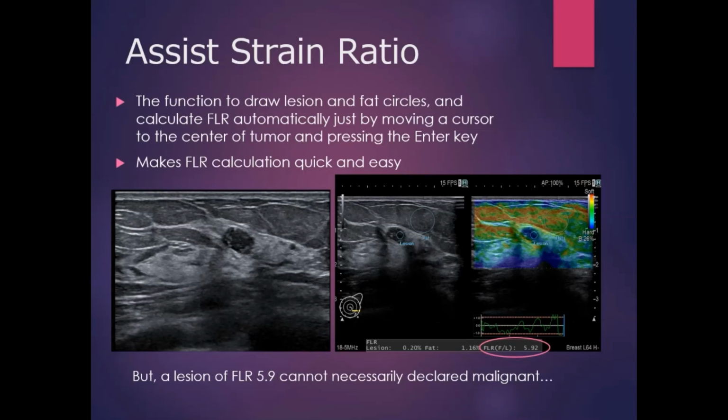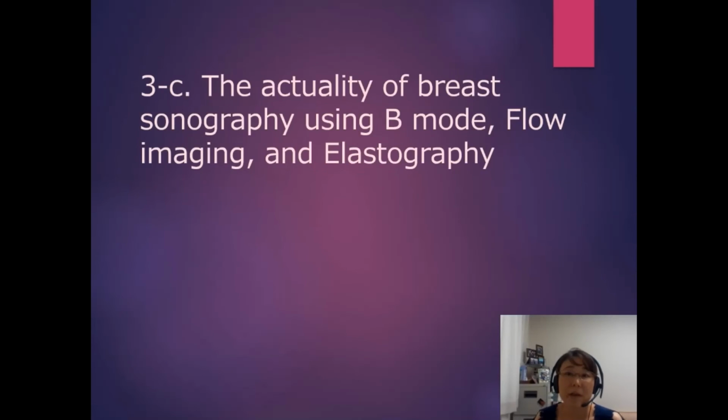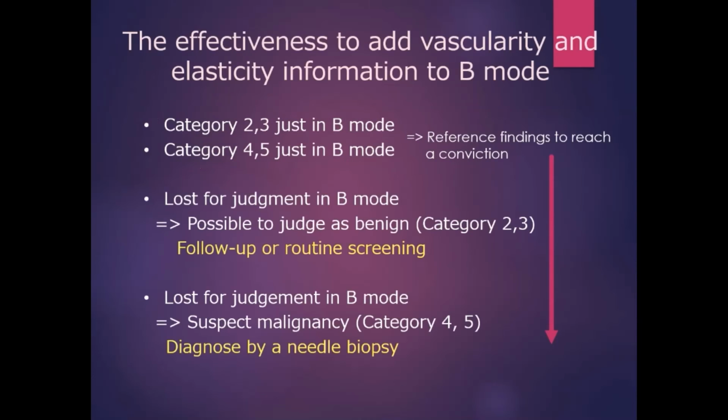But this lesion is benign even though its FLR is 5.9. As mentioned previously, benign and malignant is not determined only by tissue hardness. Therefore, it is needed to comprehensively judge B-mode, color Doppler, and elastography. If a category judgment can be made easily by B-mode, vascularity and elasticity are just reference information.